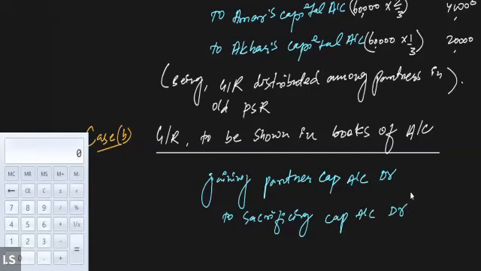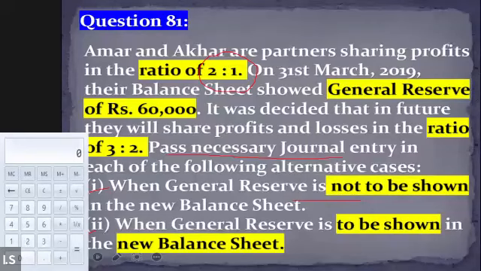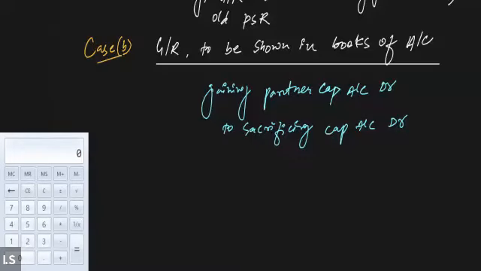Now the problem is that we are not sure who is gaining and who is sacrificing on account of reconstitution. We only know that the old profit sharing ratio of the partners was 2:1 and the new PSR is 3:2. Through this information, we will first have to find out their gaining and sacrificing shares. Only then will we be able to pass the adjustment entry.